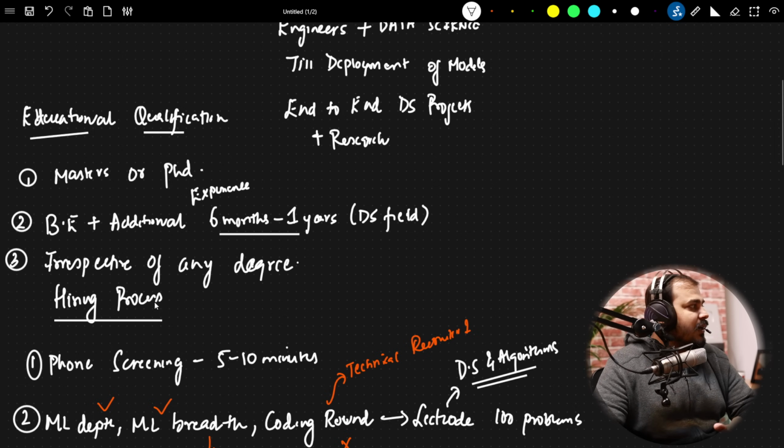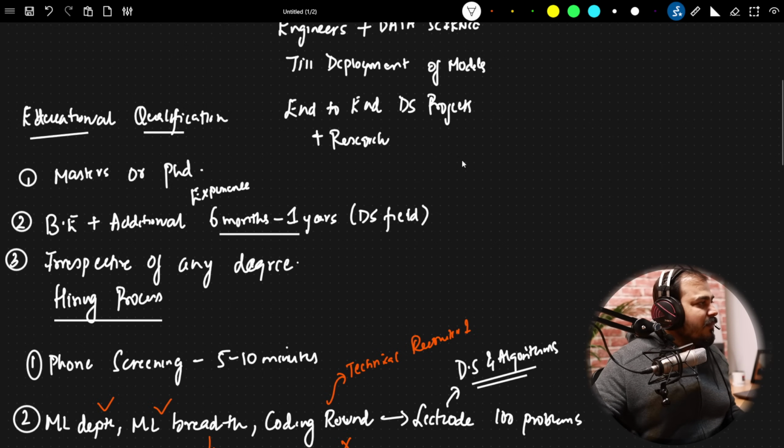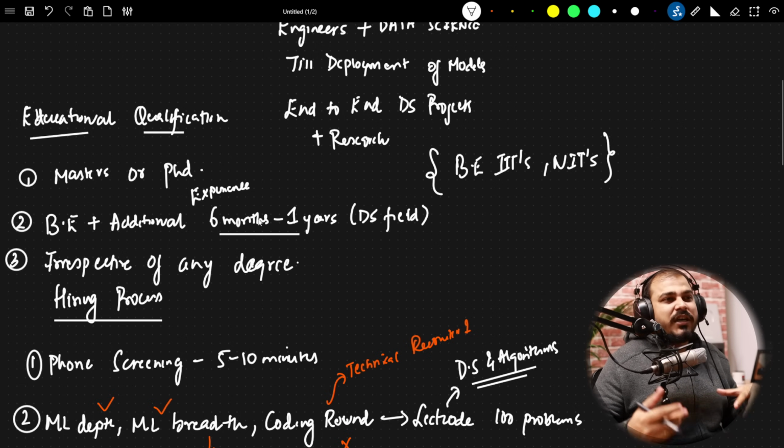Unless and until you have cleared B.E. from IITs and all, trust me, those levels are completely different. If I talk about B.E. from IITs or NITs, I think they will be considering this. They may consider it, but if you are from some other colleges, definitely some years of experience are required, at least an internship.